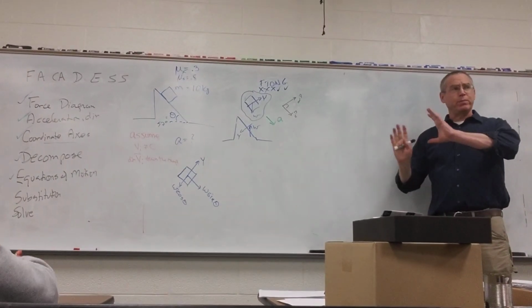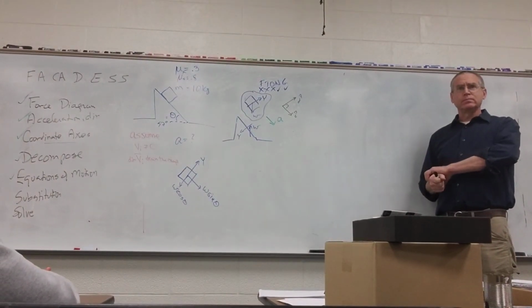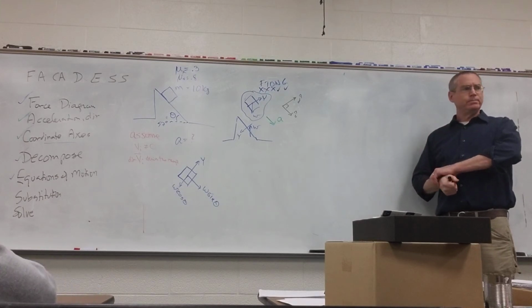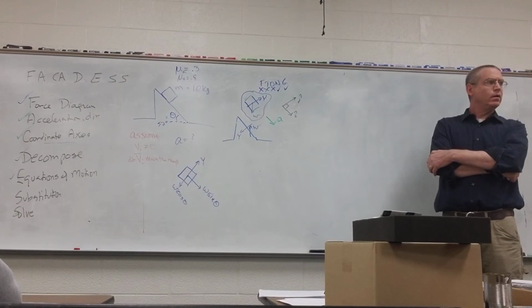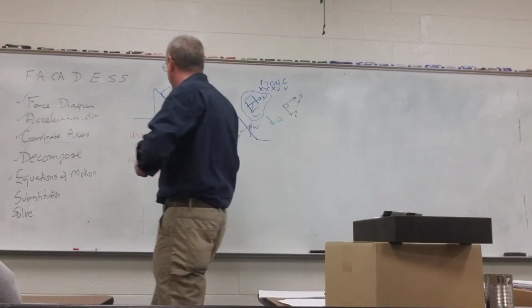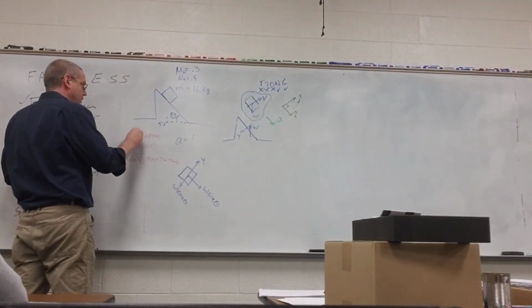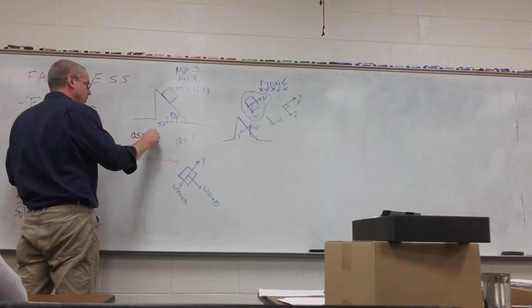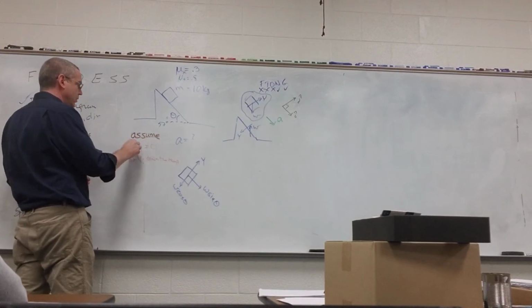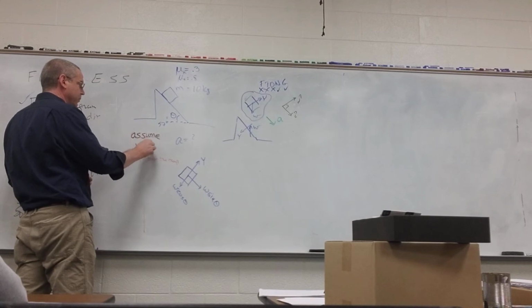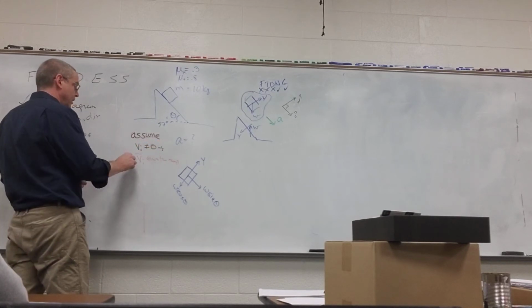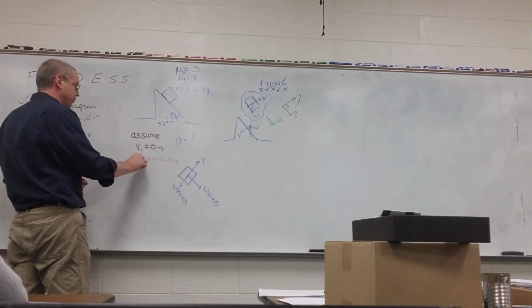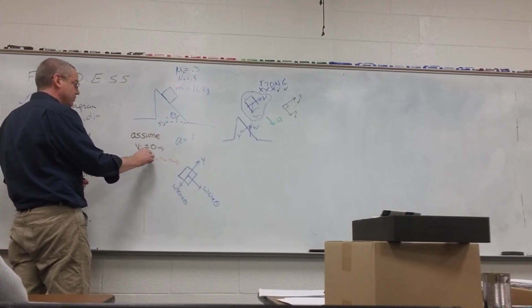All right, so questions about what the problem is? Still finding acceleration. I'm sorry, can you rewrite what's written in red? Oh, I can't see, sorry. Assume, can you see that well enough? Yeah. The initial speed is not 0. In other words, it's moving. And the direction of the initial velocity is down the ramp.